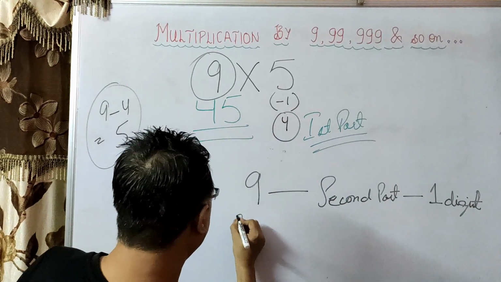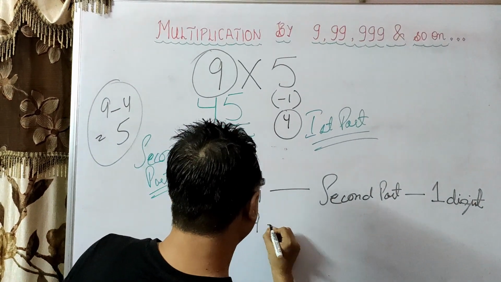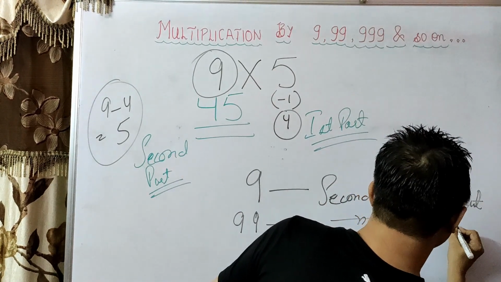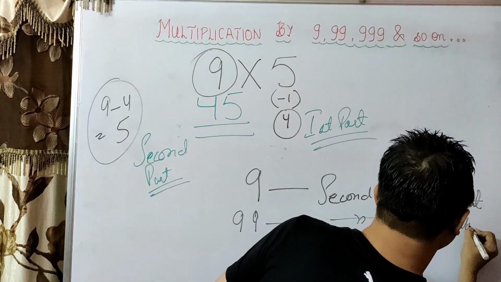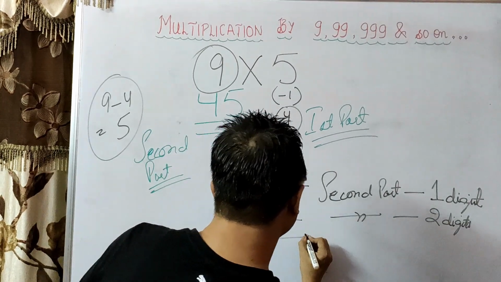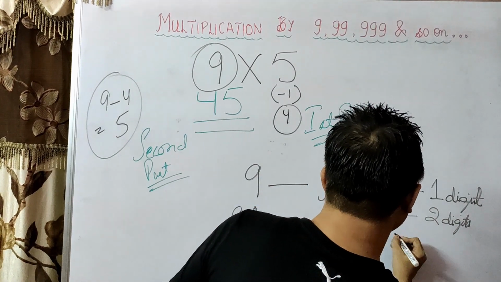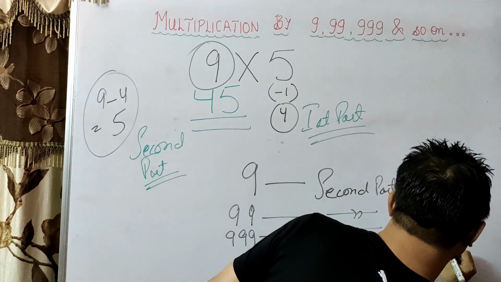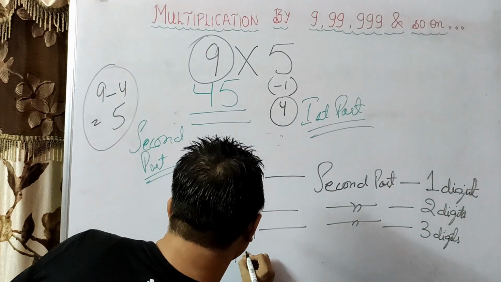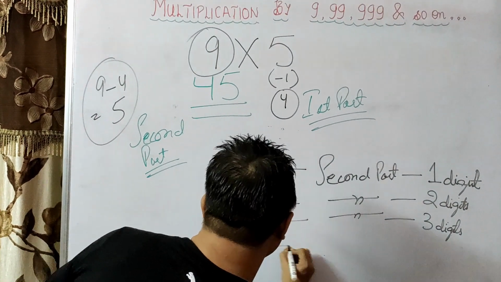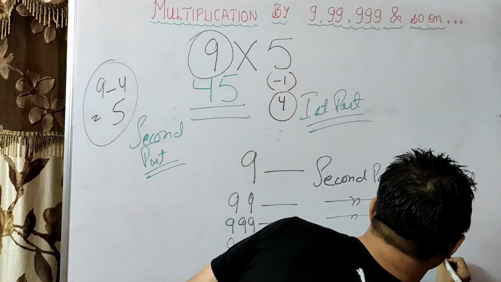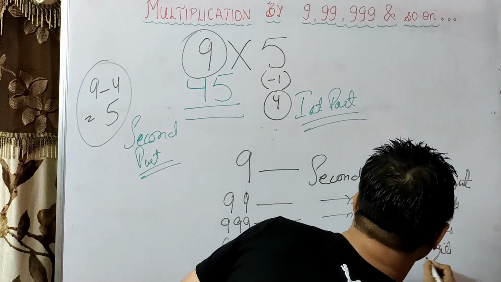If we are multiplying with 99, then the second part of the answer will have 2 digits. It won't have 1 digit. If we are multiplying with 999, then the second part of the answer will have 3 digits. If we are multiplying by 9999, then the second part will have 4 digits. Now, what does this mean?